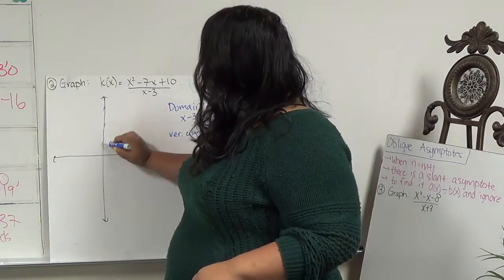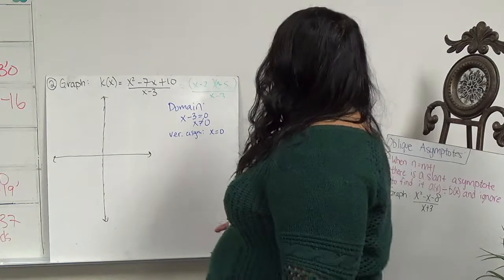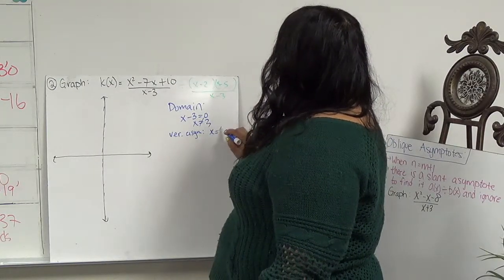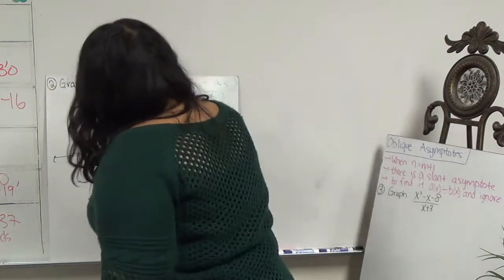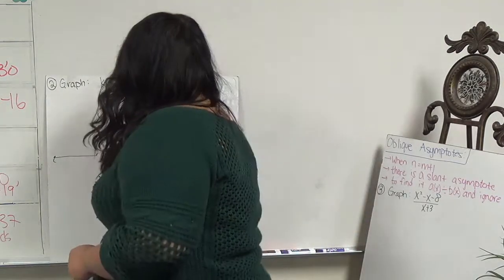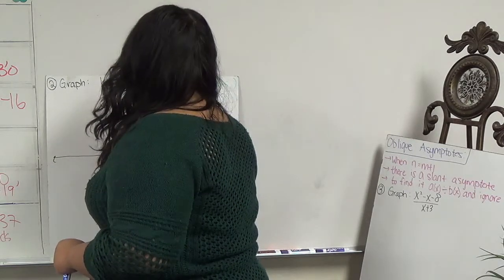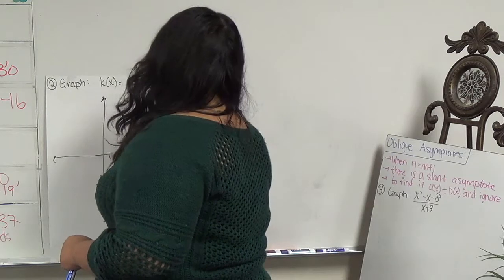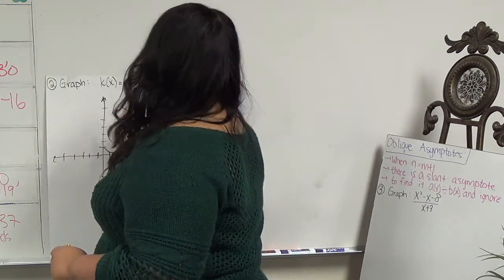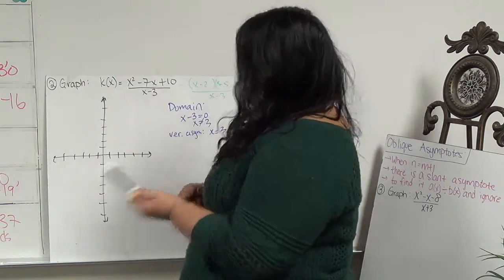So right here, that means the graph is undefined at 3. So x equals 3.